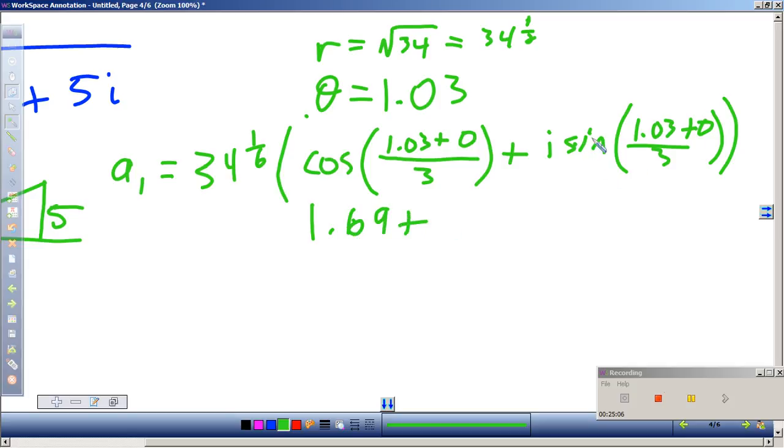Plug in sine of 1.03 divided by 3 times 34 to the 1/6.